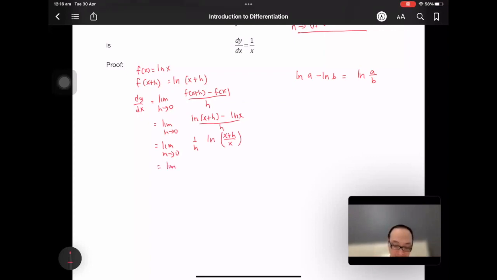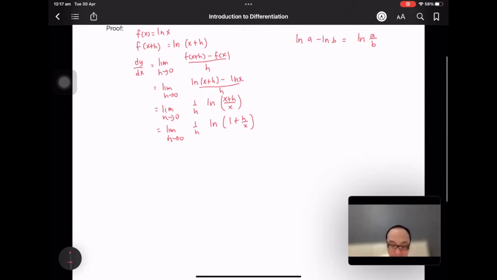Okay, so now the limit as h approaches 0 of 1 over h. I can continue to simplify this: x over x is equal to 1, plus h over x. And then now I can take 1 over h out of the limit, and I put the limit inside the ln.